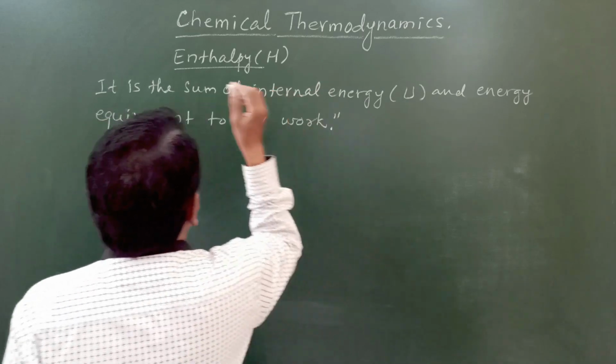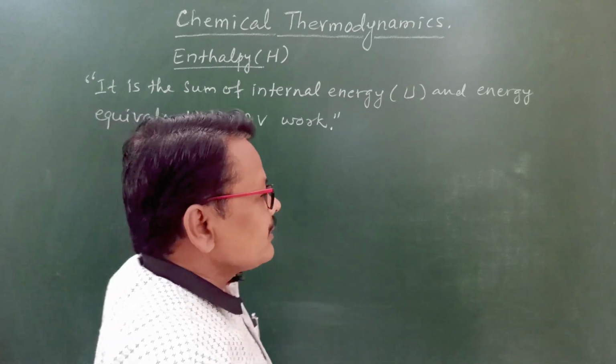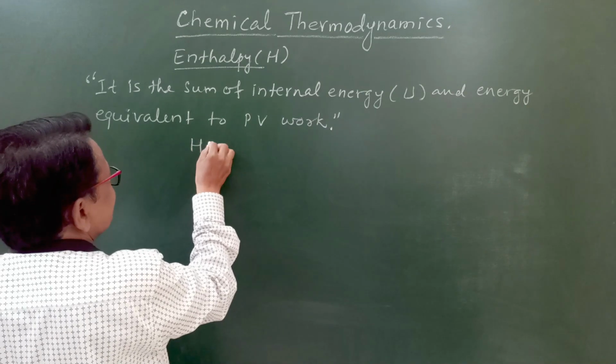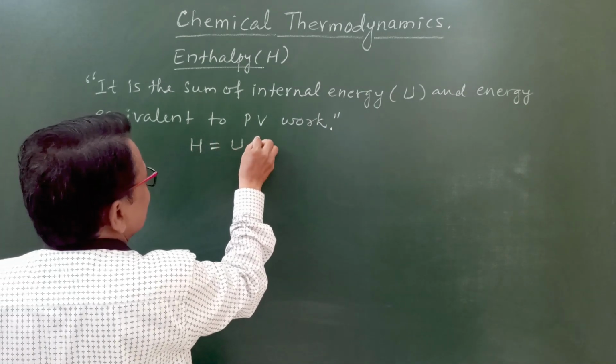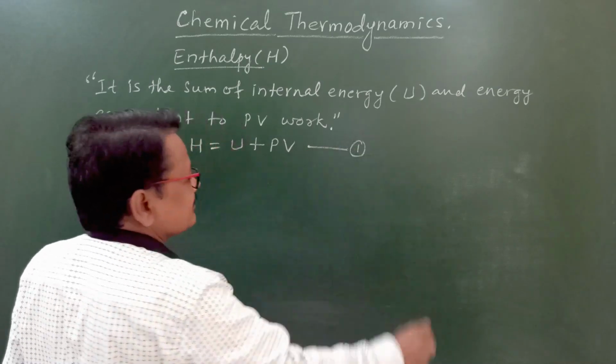So that is called enthalpy. And how is it mathematically written? H is equal to U plus PV. Suppose this is equation 1.